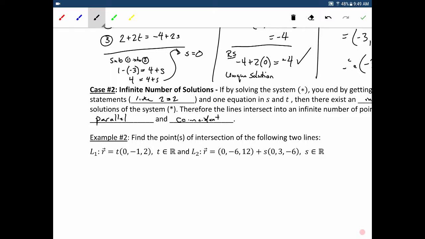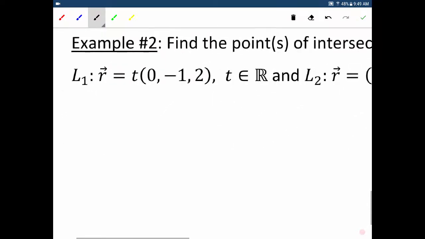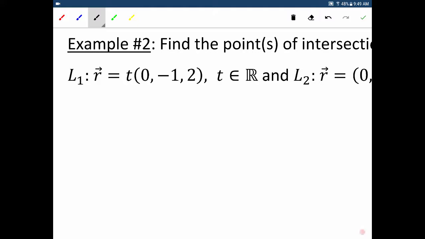So again, we do start the same way. You're going to break down the first one into parametric and then the second one into parametric, and you just let the x's, the y's, and the z's equal each other. So for the first one, we get t times 0, so that's just going to be 0. Okay, and then on the second one, we get 0 plus 0, so it's still just 0.